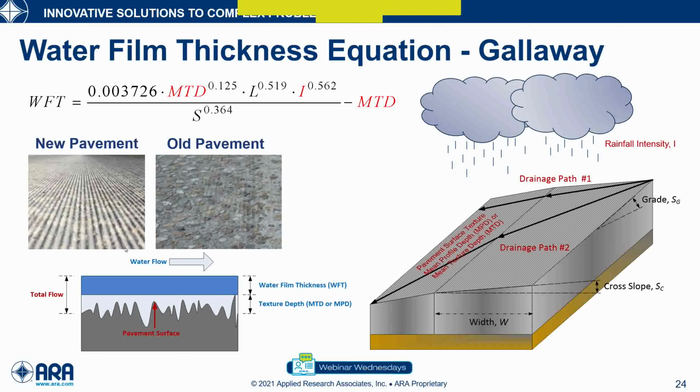And because the texture depth is subtracted from the total thickness of water, texture depth is a crucial factor for hydroplaning. And in general, the higher the texture depth, the lower the water film thickness, and the lower the potential for hydroplaning. So I'm going to say this again because this is really important. So the higher the texture, the lower the water film thickness, and the lower the potential for hydroplaning.